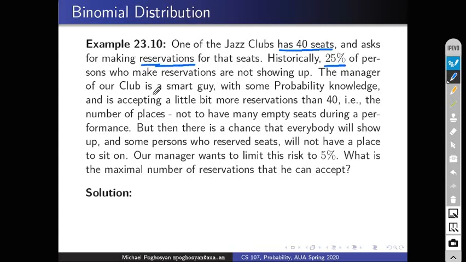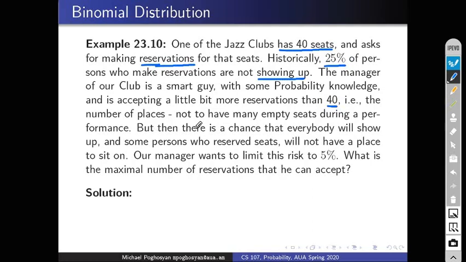So the manager is a smart guy, he knows some probability, and is accepting a few more reservations than 40. He's taking more reservations than the number of places, so as not to have many empty seats during a performance, because some persons can just not show up at the jazz club.